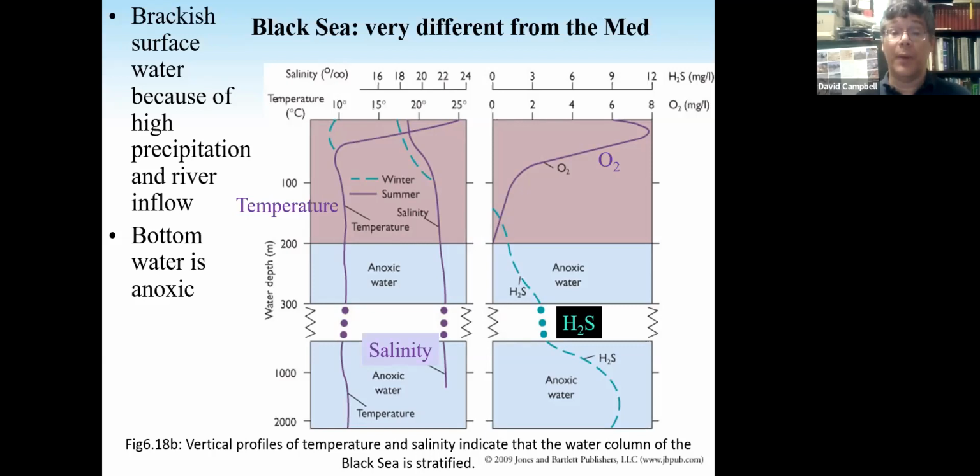Ironically, in very small amounts, hydrogen sulfide actually is used in the body, essential for some functions, but large quantities, trying to breathe the stuff, not only does it stink, it will poison you pretty readily. On the other hand, you do have bacteria that happily use it as an energy source. So only those organisms that can tolerate anoxic conditions, and also cool and dark and all that stuff, can live deep in the Black Sea.